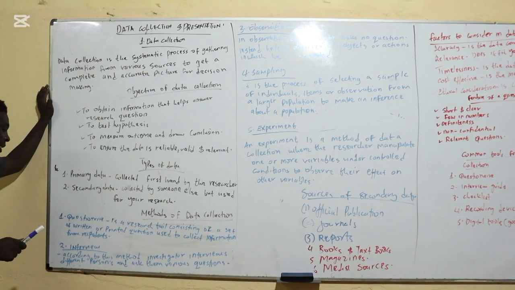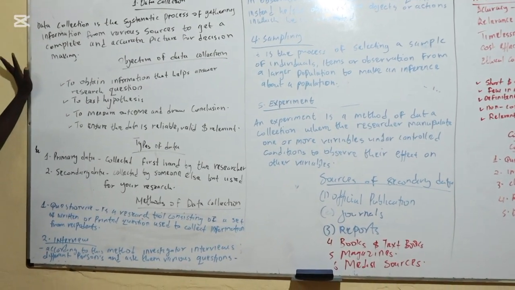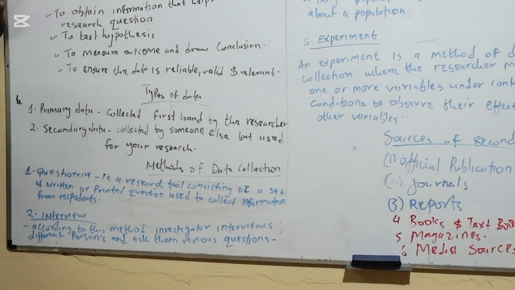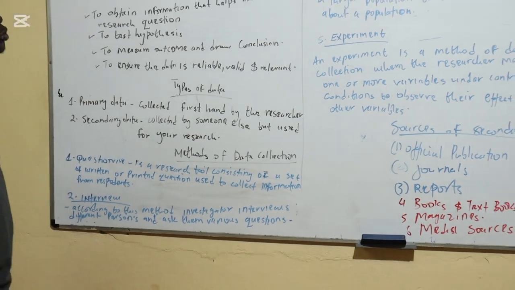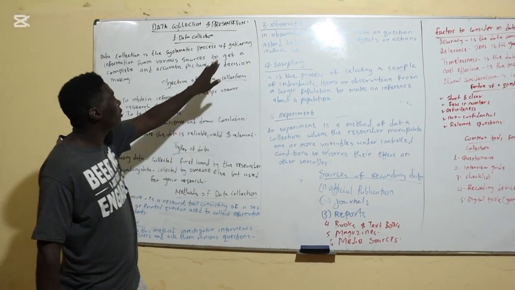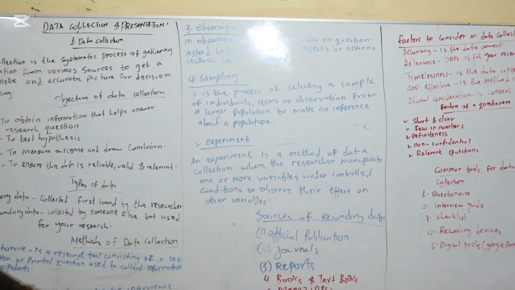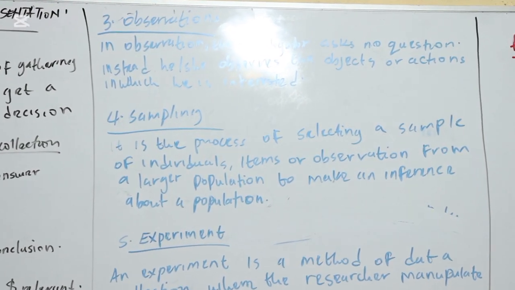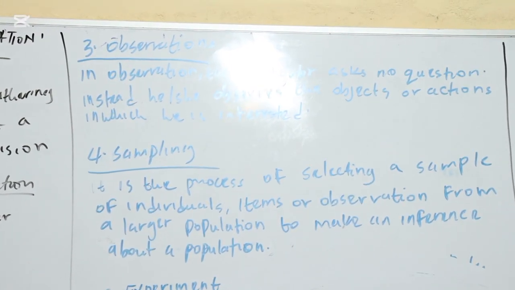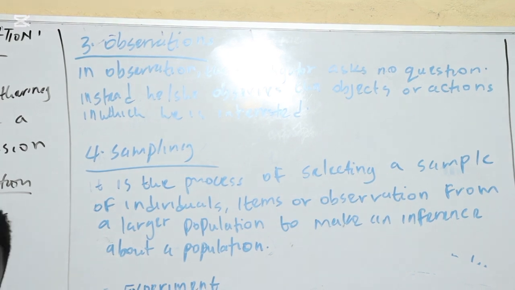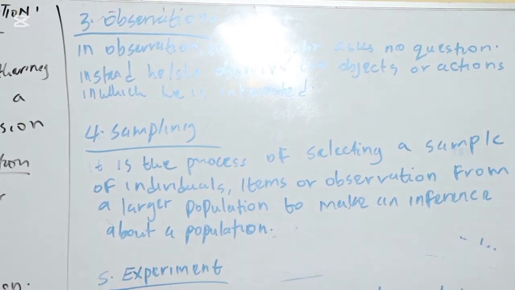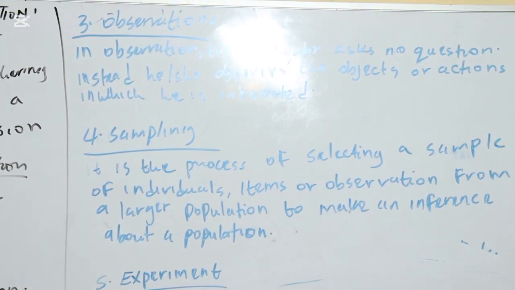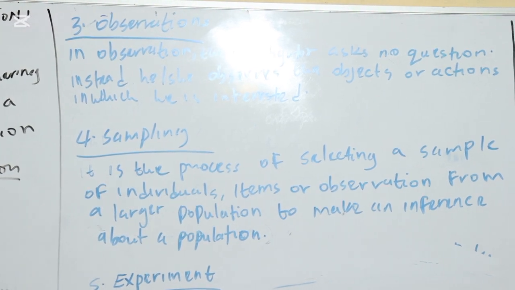Here in interview, the questions must be relevant to the topic of the study. Number 3, method of data collection is observation. How do we use observation as a method of data collection? With observation, there is no set of questions involved.